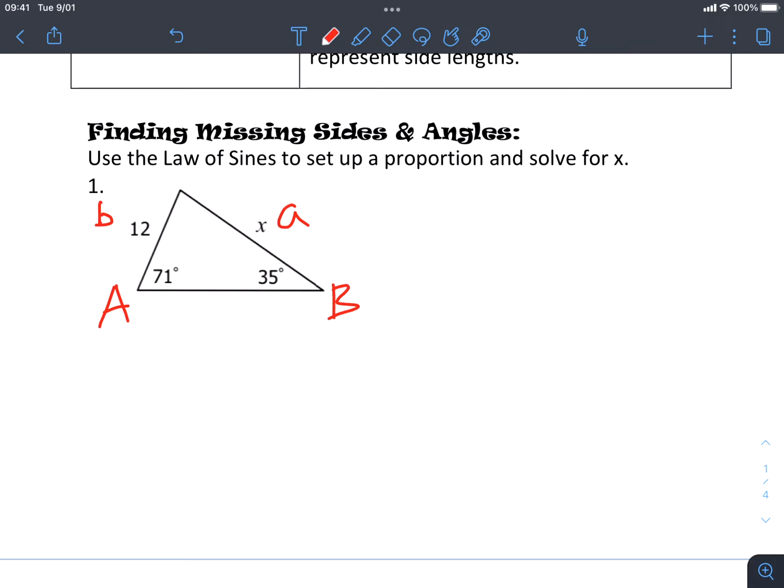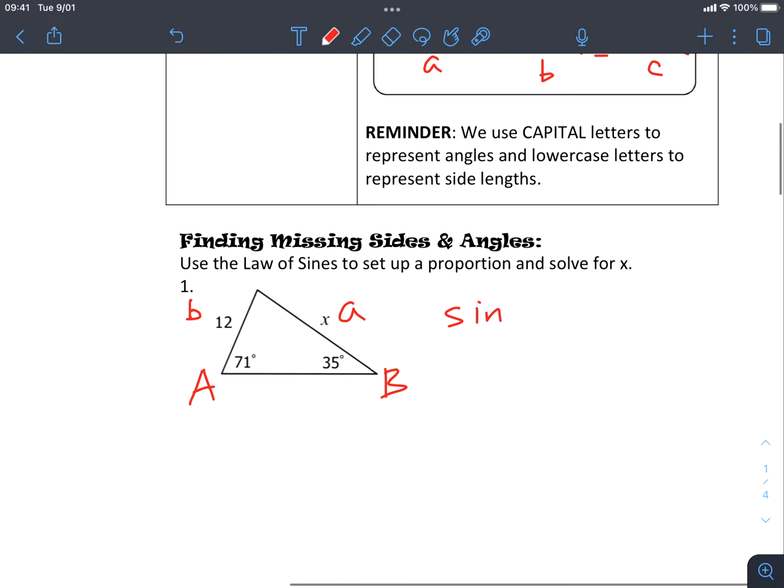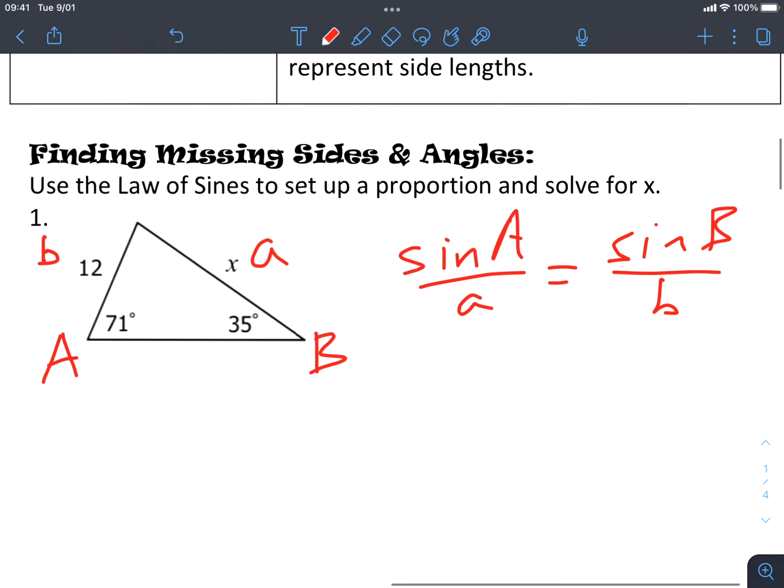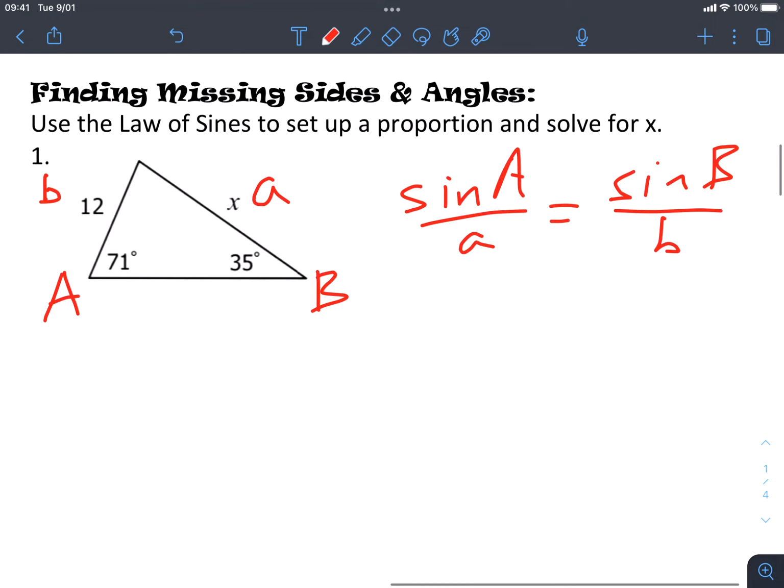So what I would do now is take my ratio, sine A over A equals sine of B over B. I'm going to begin to plug in the values that I know, so that I can find the one I'm looking for.